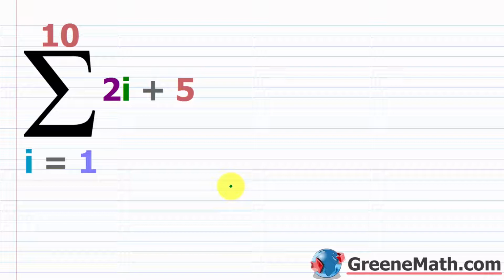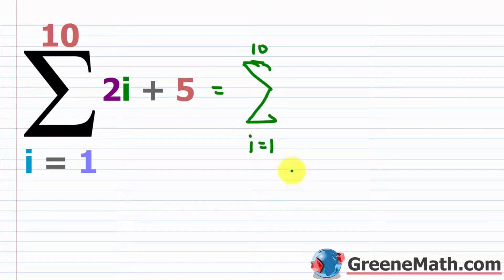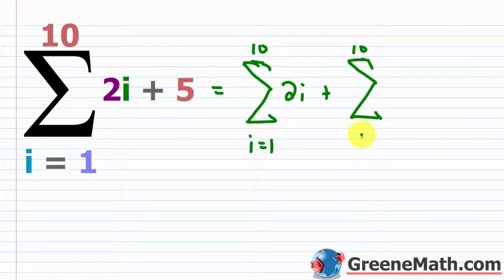So the first thing I'm going to do is just split this up. And again, I'm not good at drawing these things, but let me try. So let's say we have a 10 up here and I equals 1 here. And I'm just going to say that we have the 2i here and then plus, I'm going to make this symbol again, the 10 here and the I equals 1 here and then a 5.